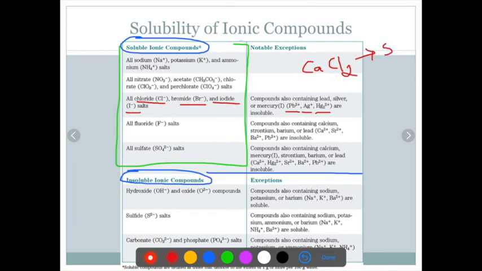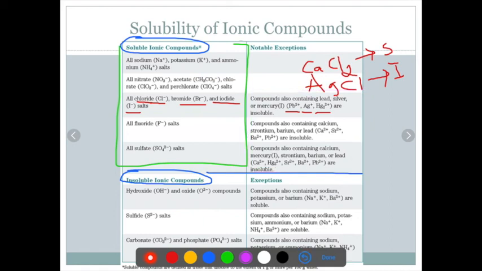Put an S. But if I have silver chloride, that is insoluble, because silver is paired with chlorine. So this side of the table, right here, are the exceptions. When you have your ion paired with anything over here, it makes it insoluble.